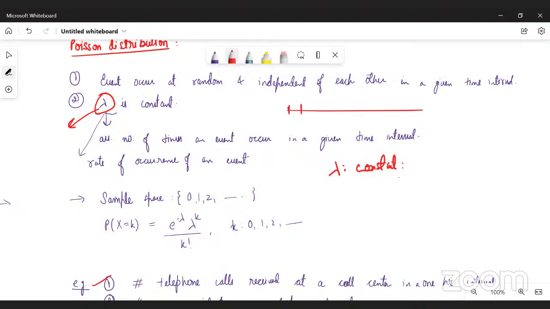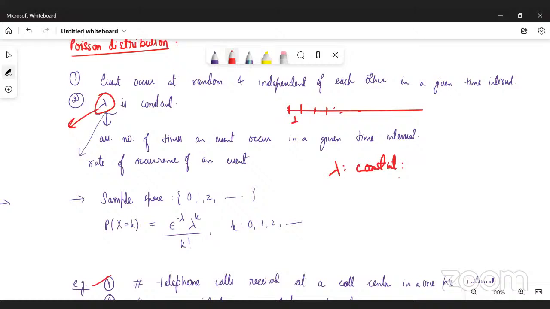In each of these time intervals an event has occurred, and all of them are random and independent of each other.